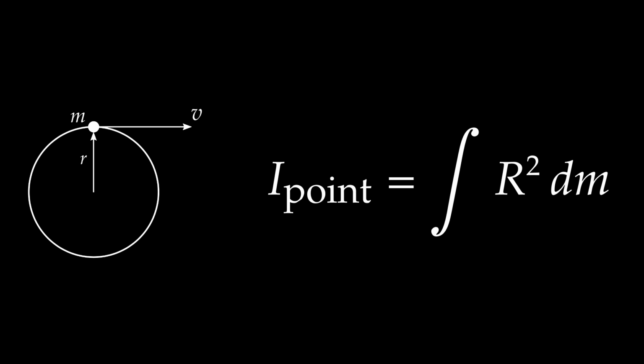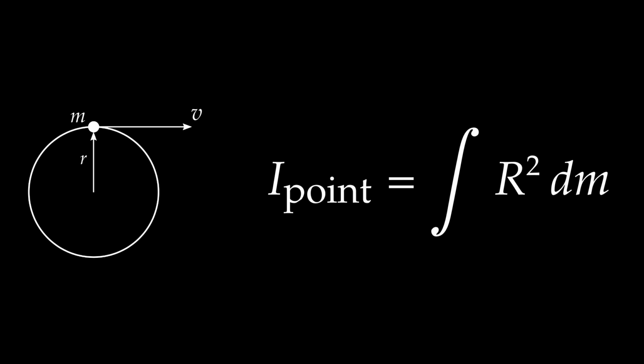How shall I now apply this? Because I have a point particle traveling around in circular motion, this radius is a constant of the motion. As time goes on, the radius remains the same. But that's not the point that I'm interested in. What I'm interested in is that every little bit of the mass of the point particle, that is, if I were to break the point particle up into differentials of mass, which is a curious thing because my point particle technically has no physical extent.